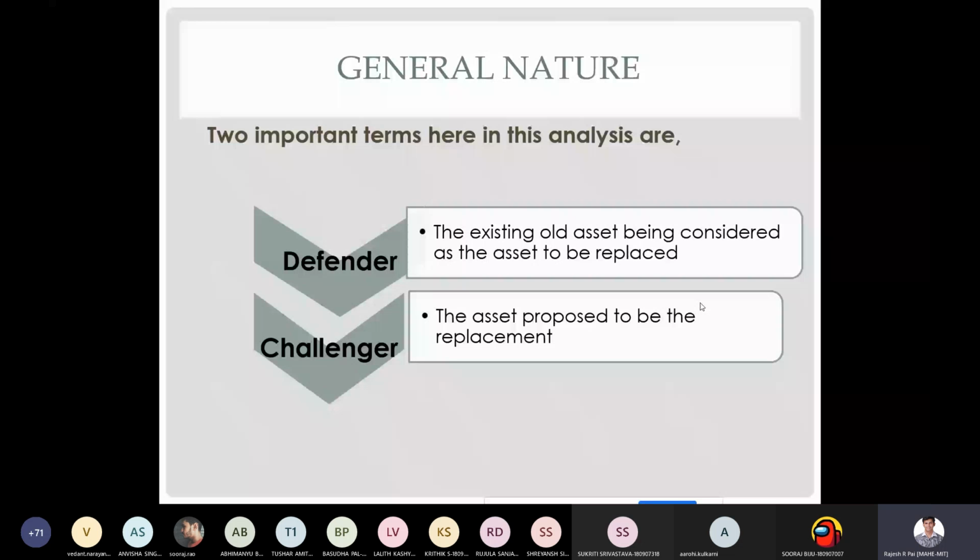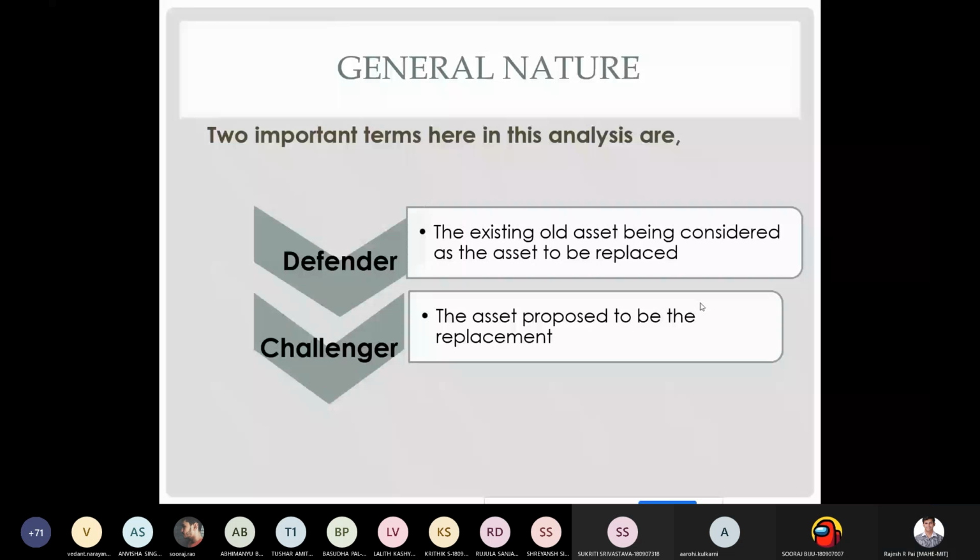In replacement analysis, as I have said, we will be comparing two alternatives. One is the older alternative and the other is the newer alternative. The older alternative we generally call the defender. The defender is the existing machine which is already available with the organization and which they are using for their day-to-day operation.